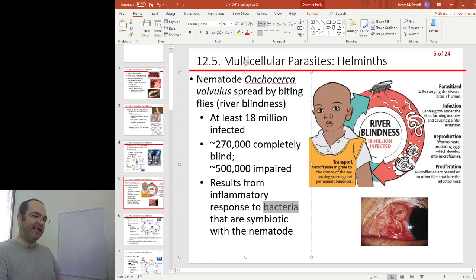The worm has in it a bacterial symbiont, so we are mounting an inflammatory response against the bacteria in the worm. It just happens to occur in a very delicate part of the body, leading to the unfortunate symptoms of river blindness.